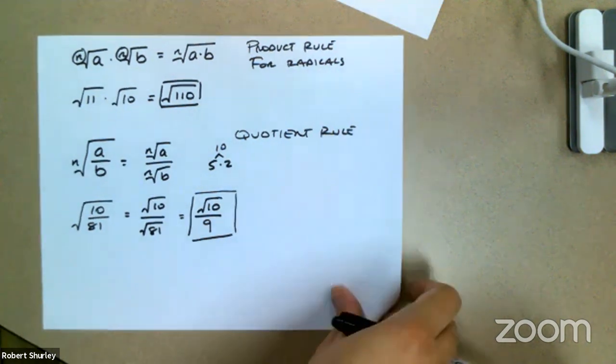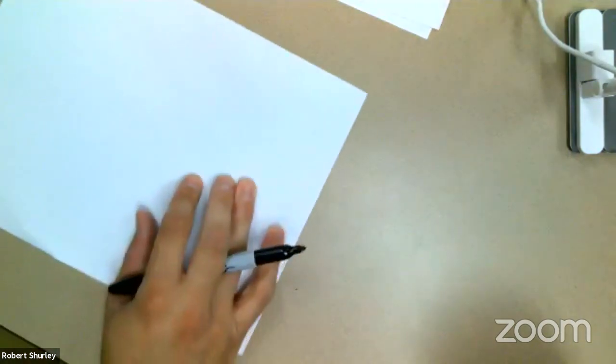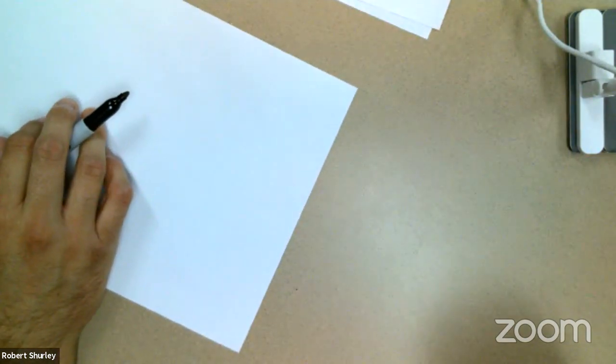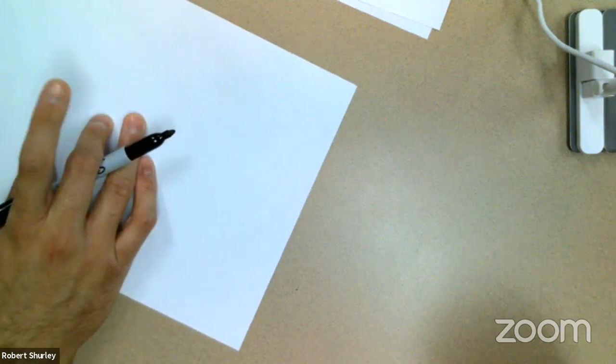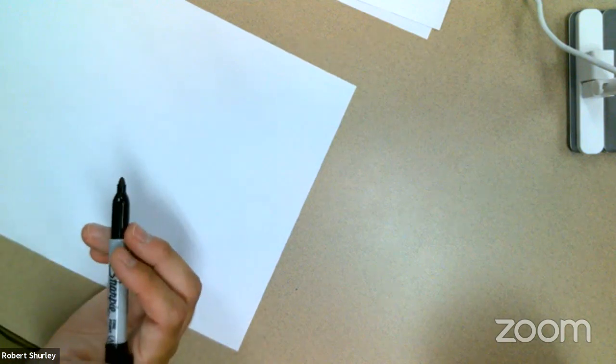So let me kind of do a few more of these from the beginning that are a little more complex, or maybe you have to kind of solve them or simplify them at the end. Let's say we had, this is number 4.